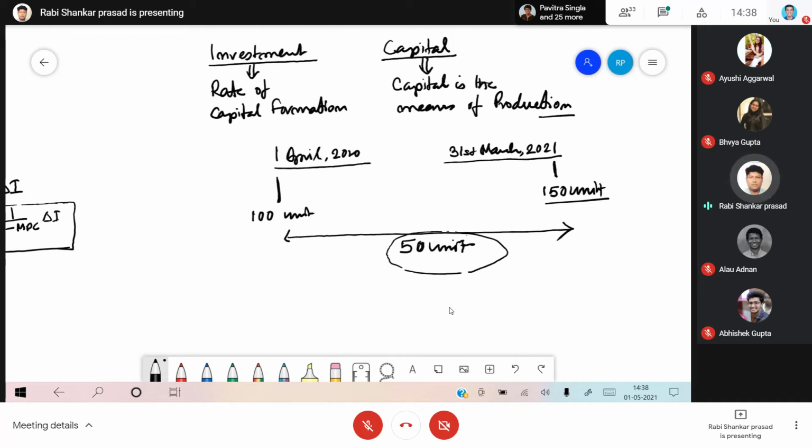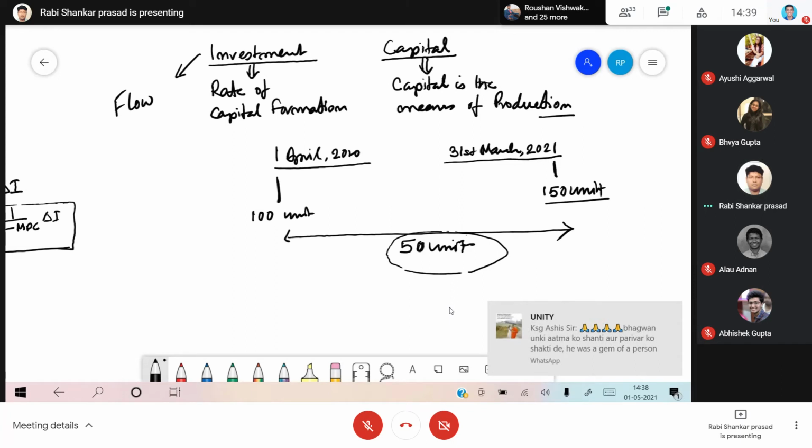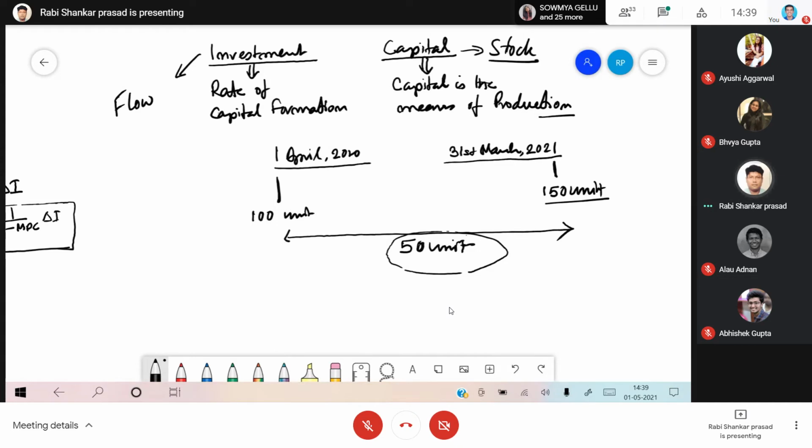If you understand these two concepts, then you can say that investment is a flow concept, but capital is a stock concept. Why?